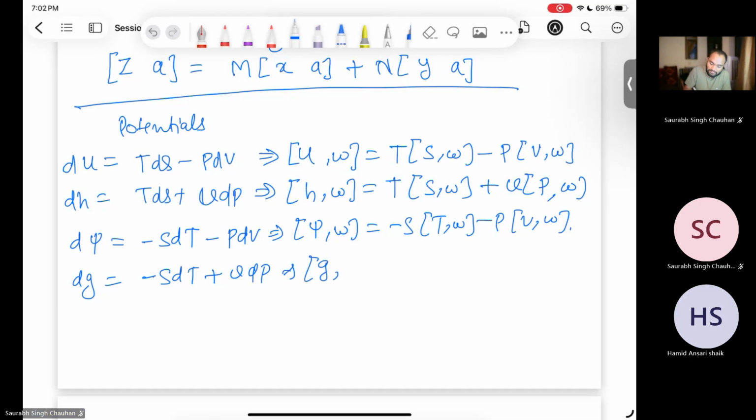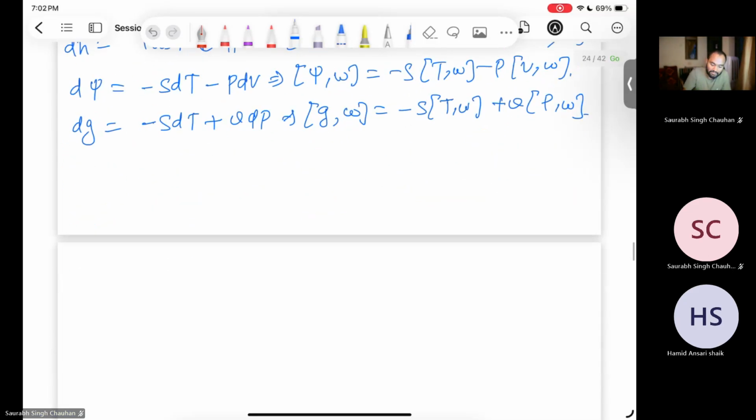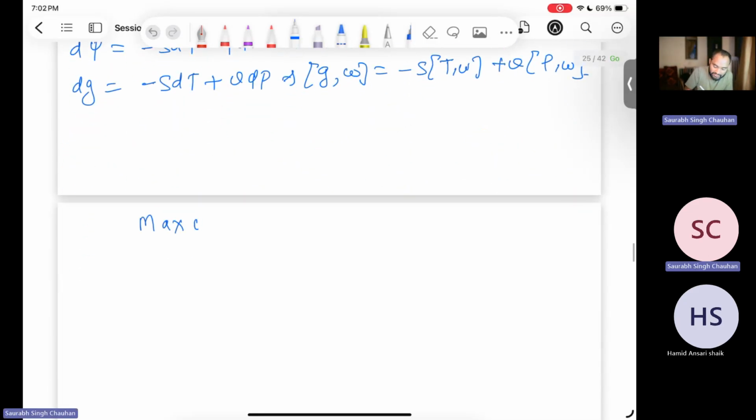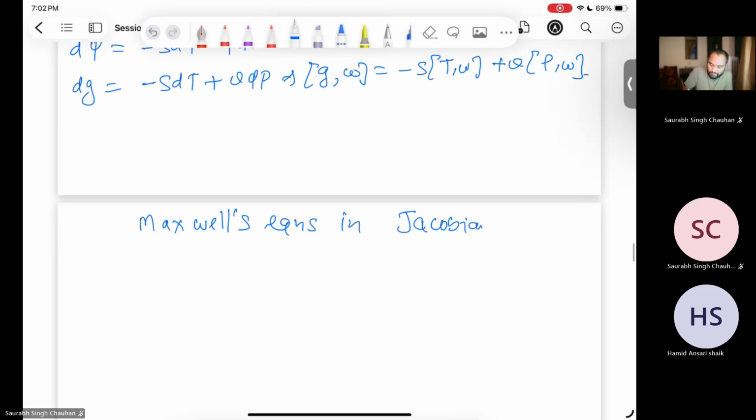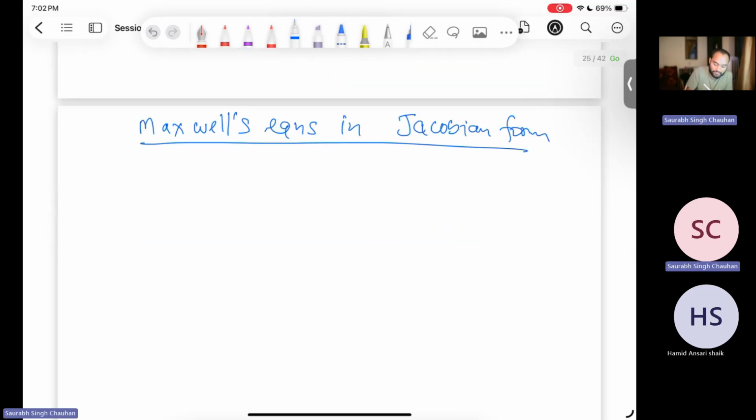So Gibbs function comma W equals minus S T comma W plus V P comma W. Now let's write Maxwell's equations in Jacobian form. So, first Maxwell equation.